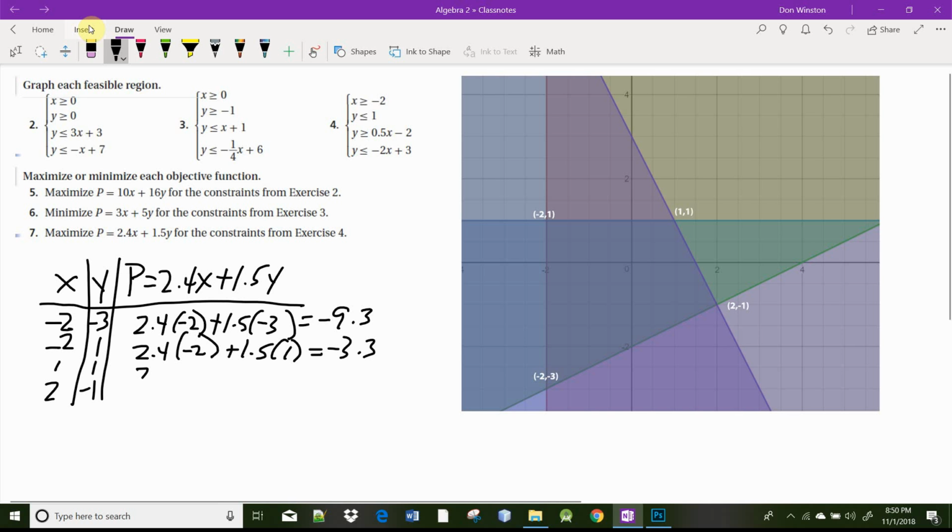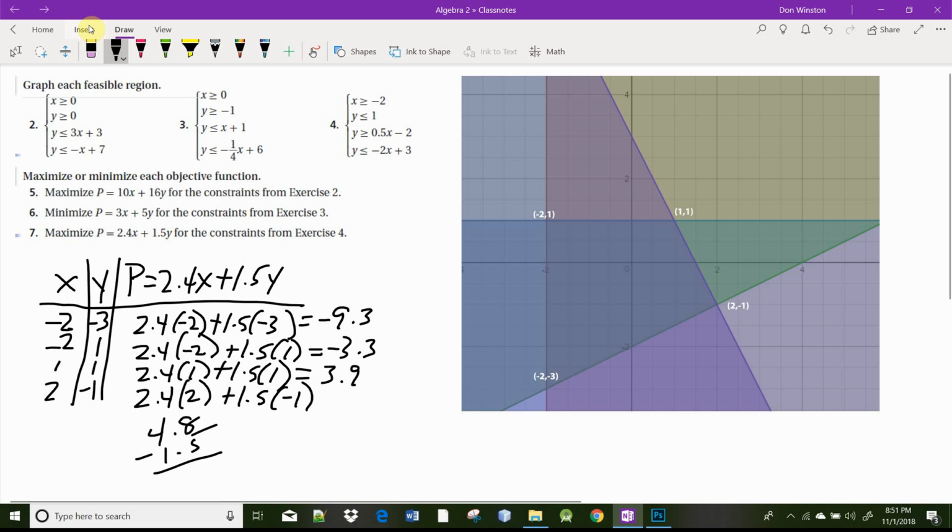The next one, we have 2.4 times 1 plus 1.5 times 1. Don't need a calculator for that. That is going to be 3.9. And then the last one, I have 2.4 times 2, which is 4.8, plus 1.5 times -1. So I have 4.8 minus 1.5.